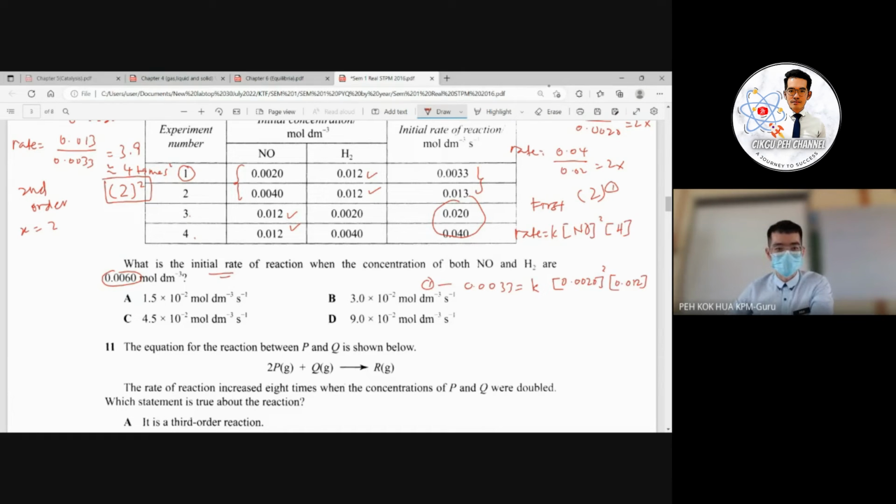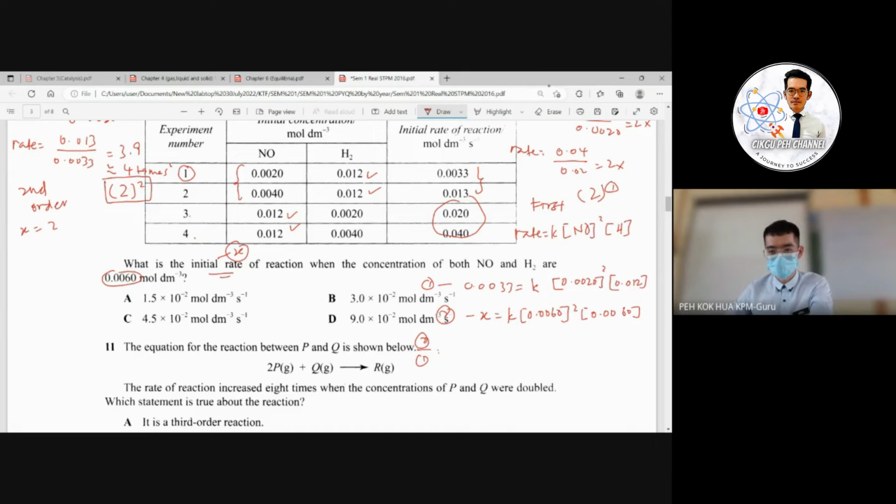The second equation: the question asks us to find the initial rate. Given that the rate is X, X will be equal to k times NO, 0.006, squared, and then H2, also 0.006. So we use equation 2 divided by equation 1.